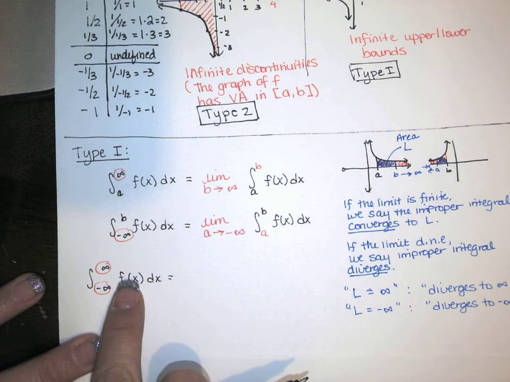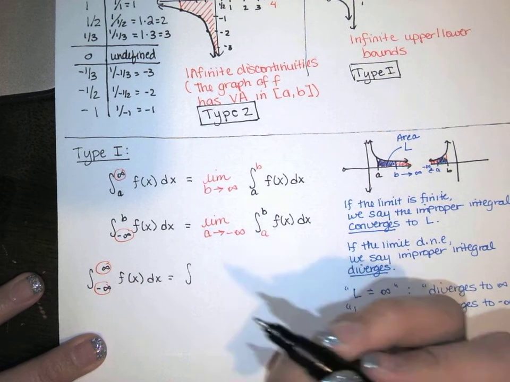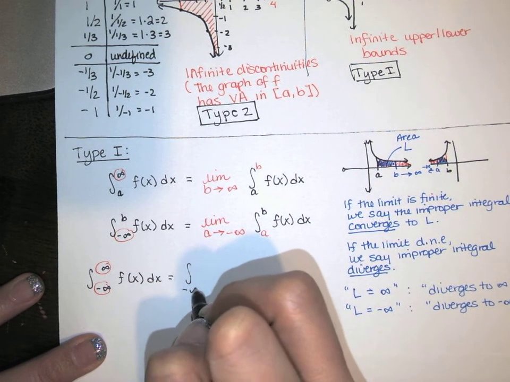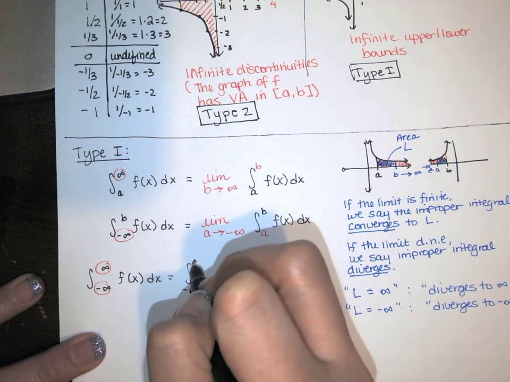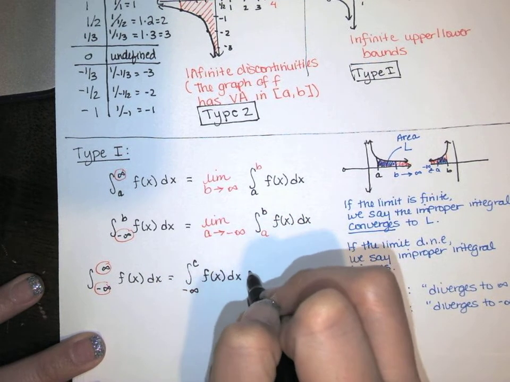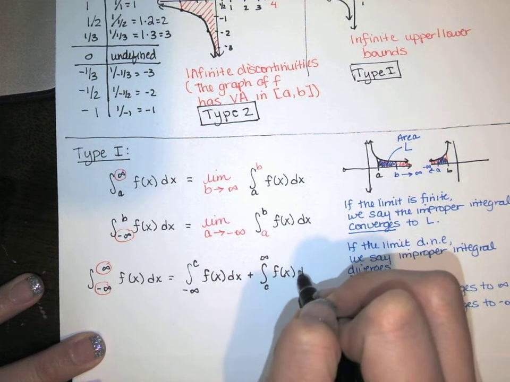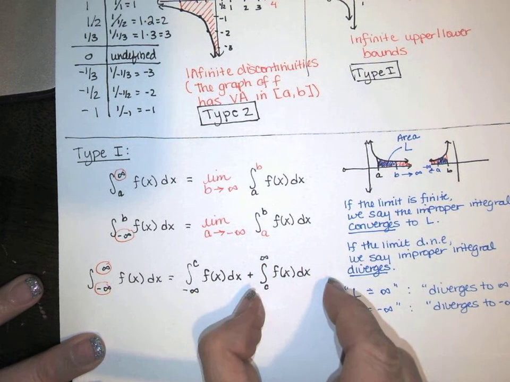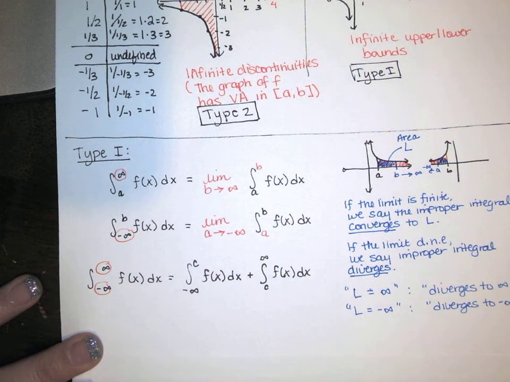As long as this function is continuous on the entire real line, this is legal. So you're going to split this into two integrals. You're going to have the integral from negative infinity to that number, I'm going to call it c, plus the integral from c to infinity of the function. And this one can be written this way, and this one can be written this way.